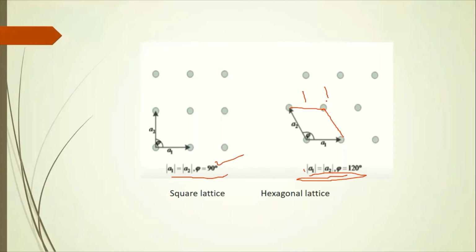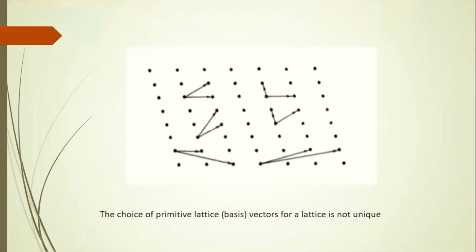So the lattice is a collection of points, and it is defined by the primitive lattice vectors. We will actually reserve the word for something else. So it's a primitive lattice, and this choice is not unique.